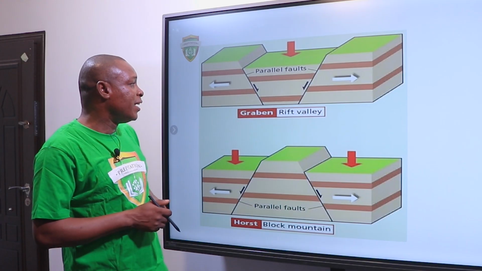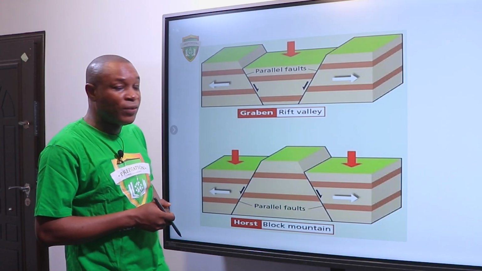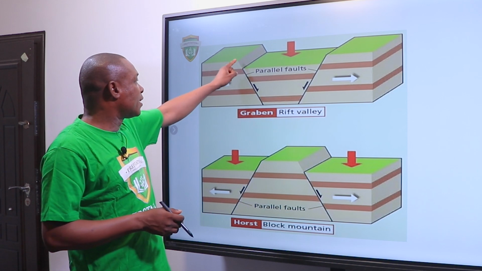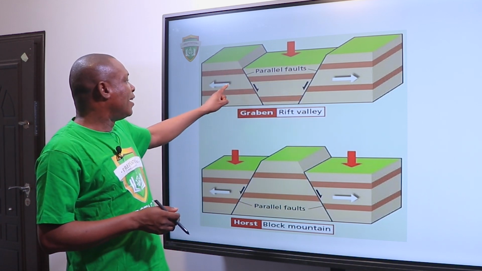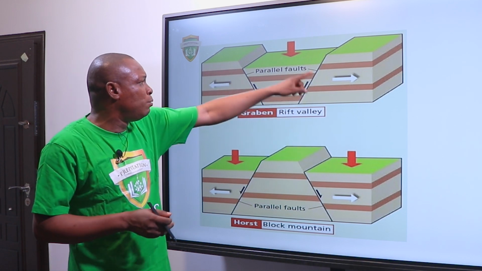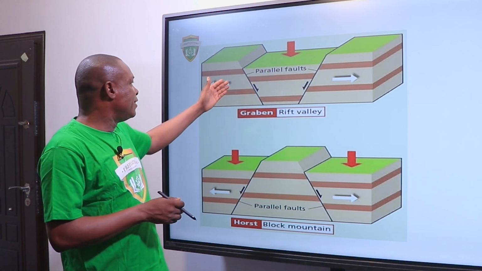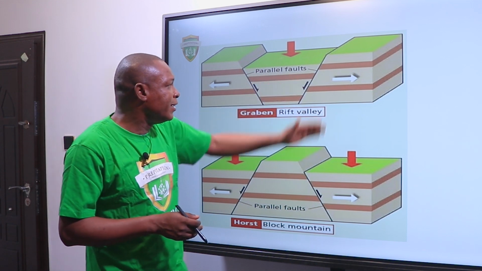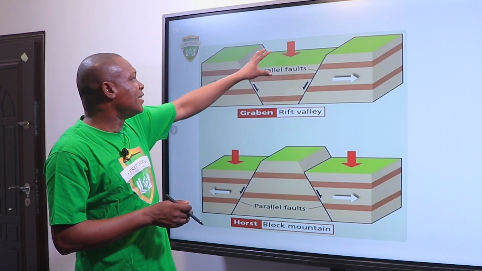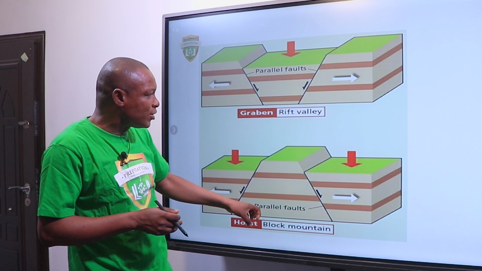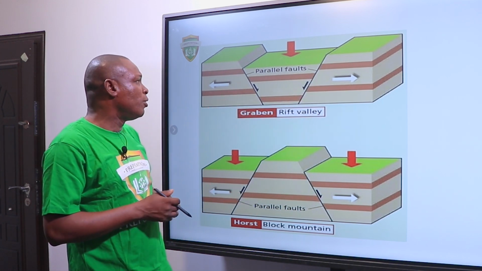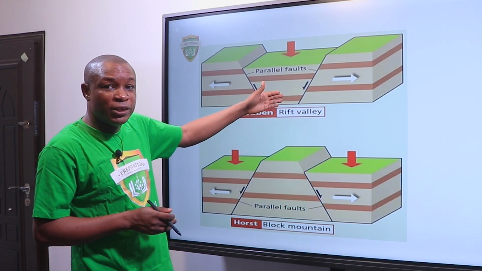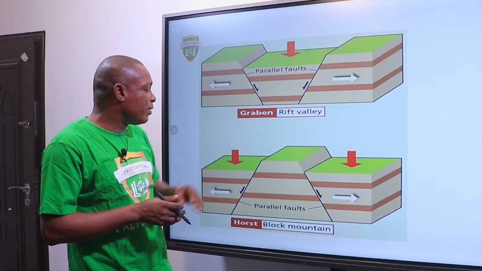So this is the diagrammatic illustration of how block mountain is formed. These are the fault lines. So this fault has segmented this block into 3 parts. This part, the middle, and this. So if it happens that it's the middle part that sinks, leaving this one and this one upstanding, it will result in the formation of rift valley.